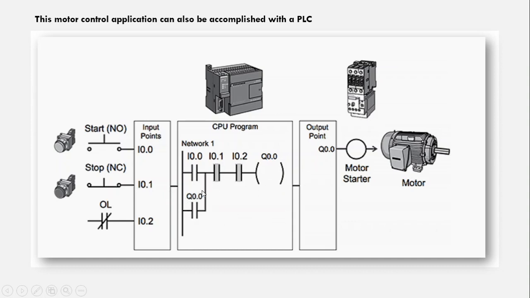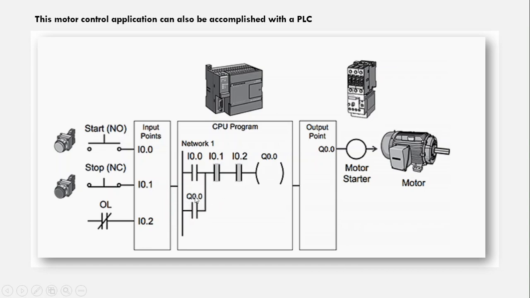at Q 0.0. When we press the start button, this gets energized. When this gets energized, immediately this rung becomes active and the PLC makes this output high. When this output becomes high, the contactor coil closes and the motor starts. Immediately the status of this output is latched in here, this input, that is Q 0.0.